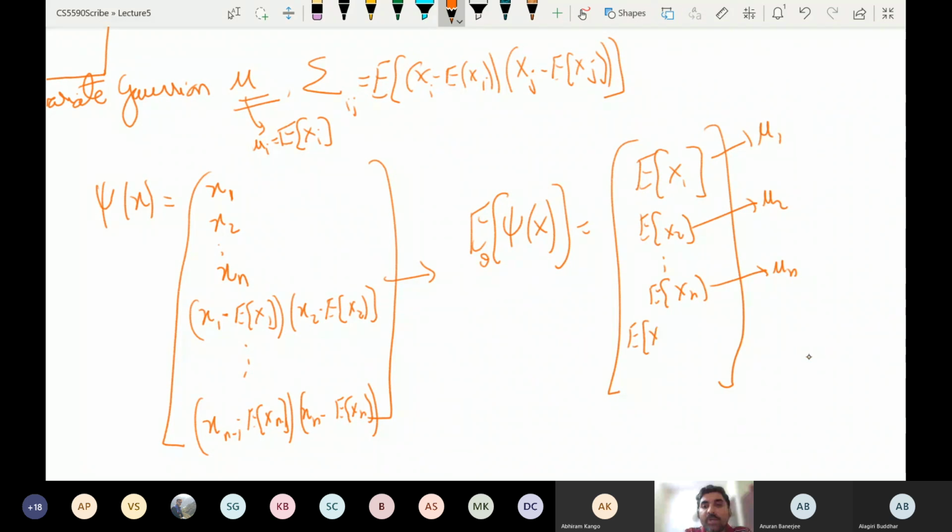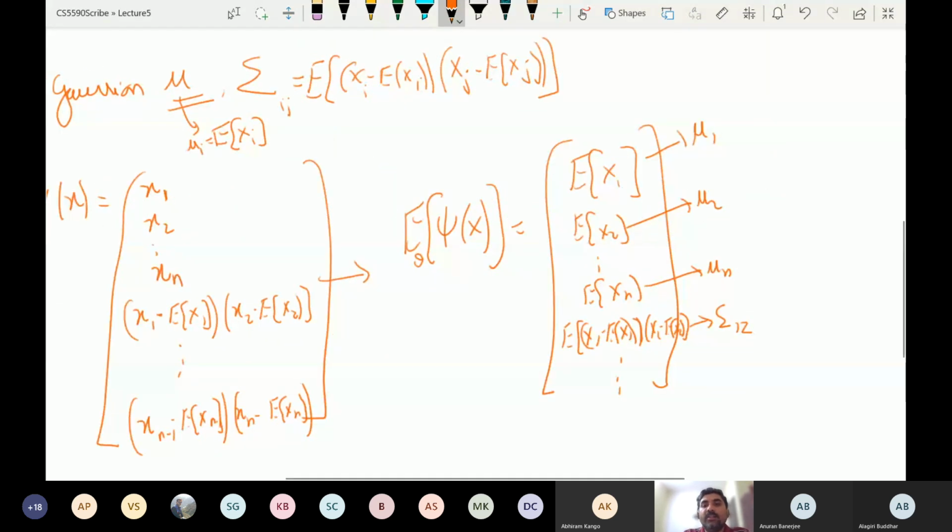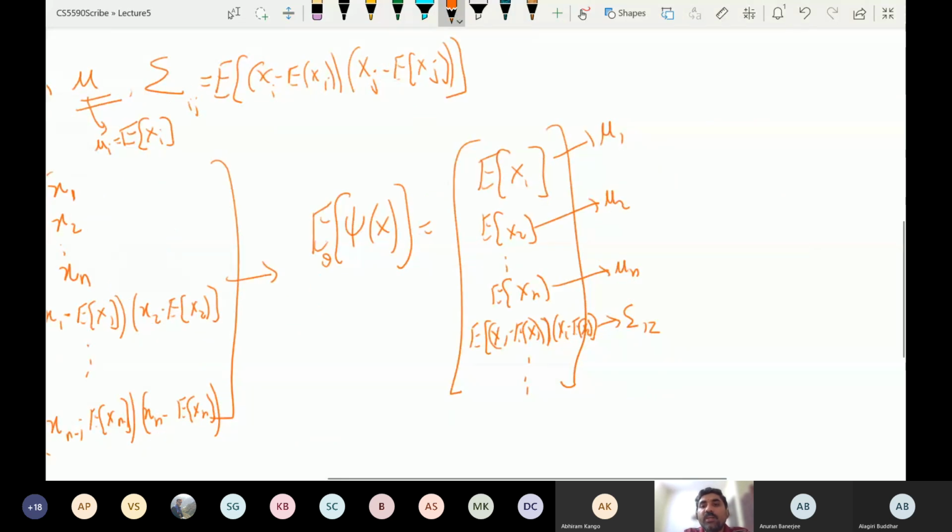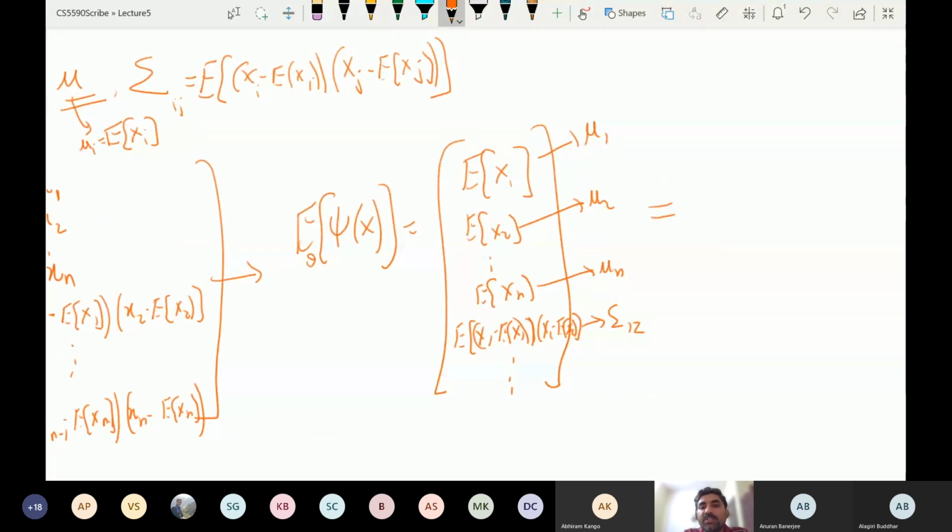Similarly, expectation of x1 minus expectation of x1 times x2 minus expectation of x2 will be simply sigma 1 2 and so on, right? And what will this be matched to? It will be simply matched to the empirical version of it.